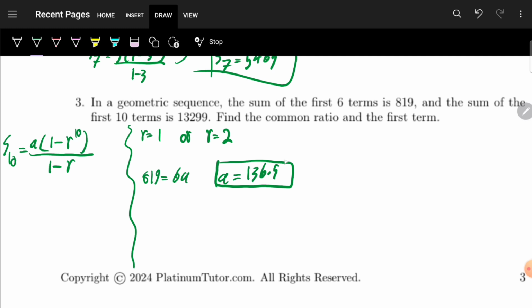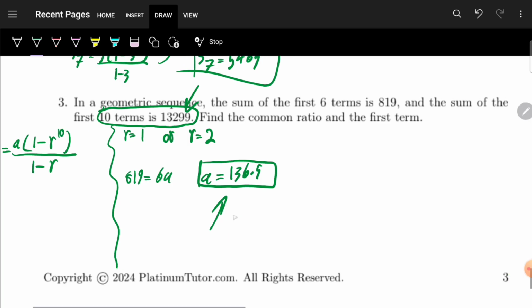Now we're going to use this a term and the common ratio and see if the sum of the first 10 terms is equal to this guy. So like I said, if this is a and our common ratio is 1, the terms don't change, right? So the sum of the first 10 terms should just be 10a.